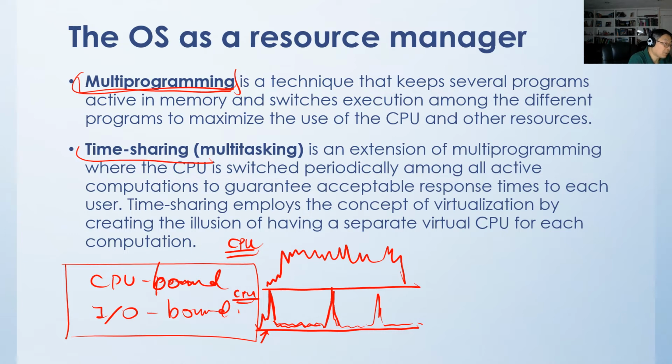Time sharing switches the CPU usage periodically, mostly by the computer hardware. In time sharing, all these programs are running in the computer system, and they take turns to use the CPU resources.